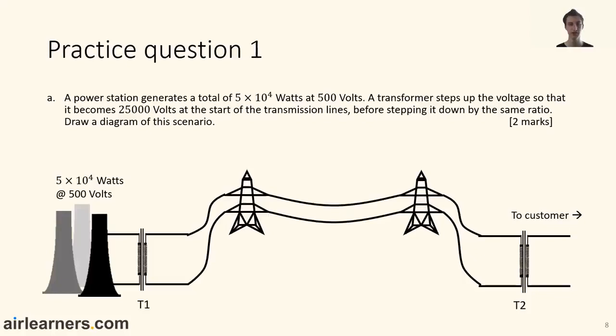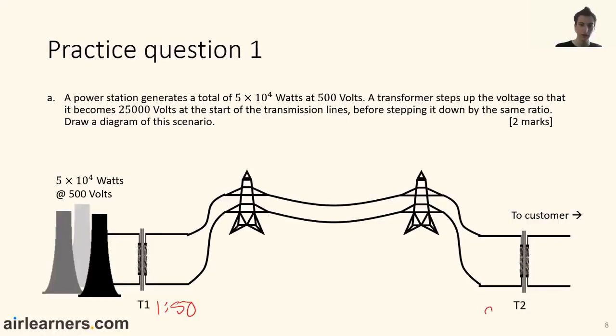We've got the first transformer there. I could have put in the turns ratio. Again, you don't have to, but probably should. So I would write something along the lines of 1 to 50, because it steps it up by 50 times. And you can see that 50 times 500 is 25,000.